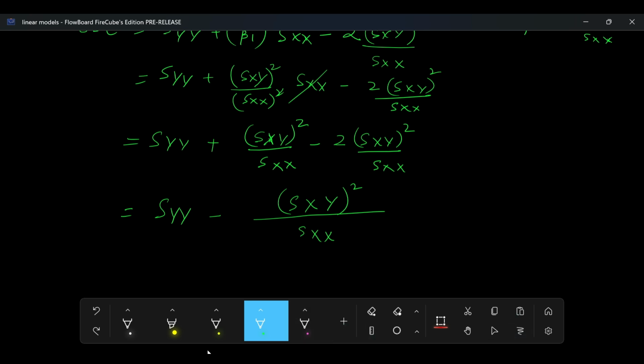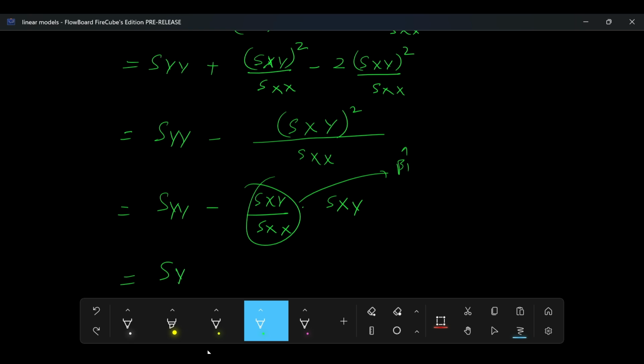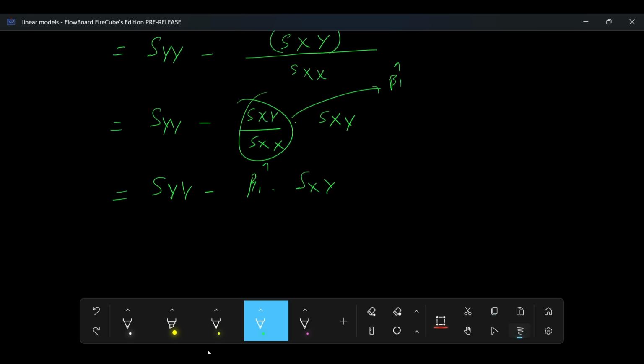Now, see, important step here. This is SYY minus SXY upon SXX into SXY. So this is my beta 1 hat. So this is SYY minus beta 1 hat into SXY. Now, as you know, beta 1 hat is equal to SXY upon SXX.